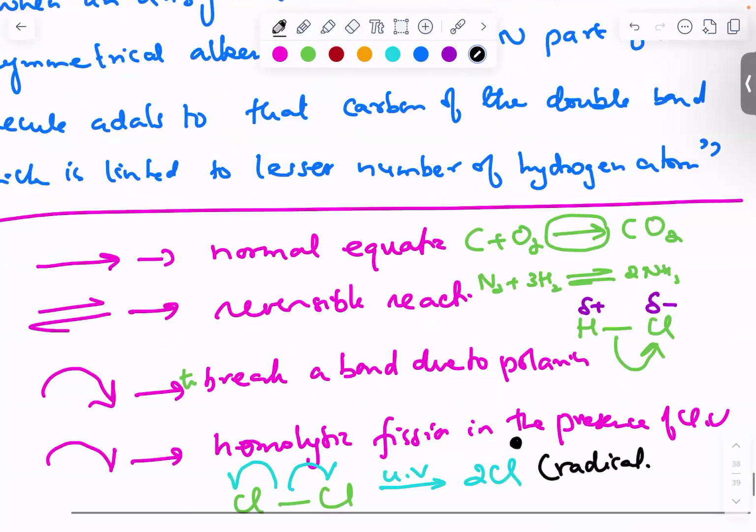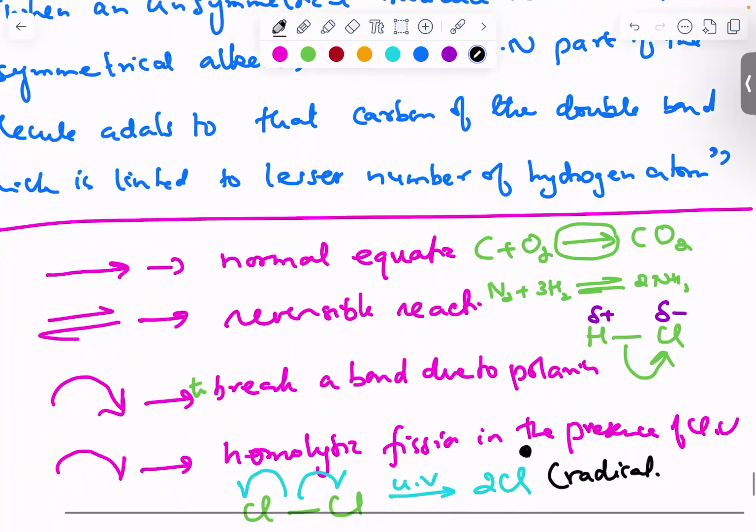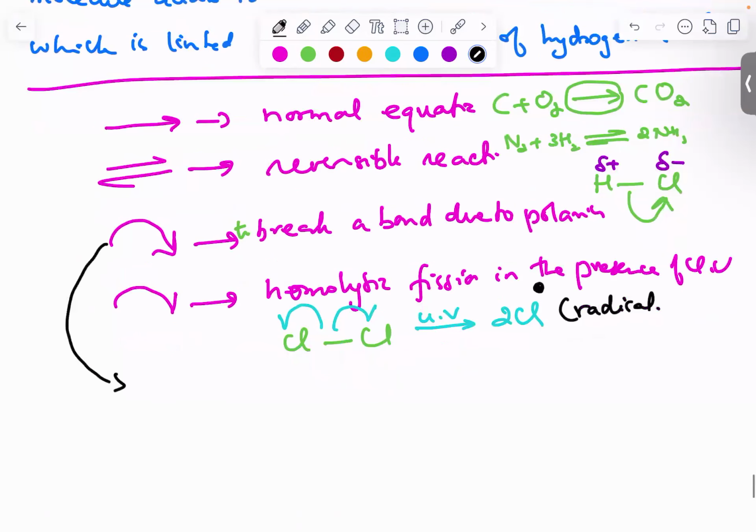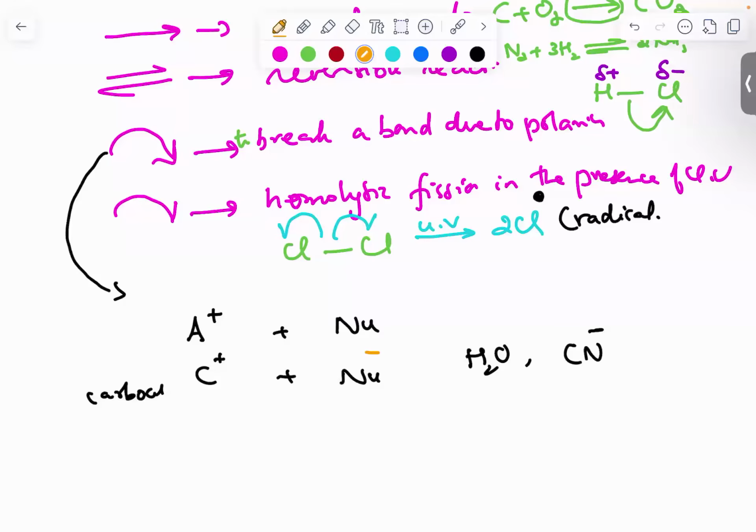Now the other thing, I am telling you this because it has been shown in your book. However, this arrow has another meaning. Let's suppose I show A plus, and it reacts with a nucleophile. A plus means carbocation. If you react with the nucleophile, then you need to show the arrow. Most of the time, if the nucleophile is water, it would be without a charge. But if it is cyanide, it will definitely have a charge. You never extend the arrow from the negative charge.